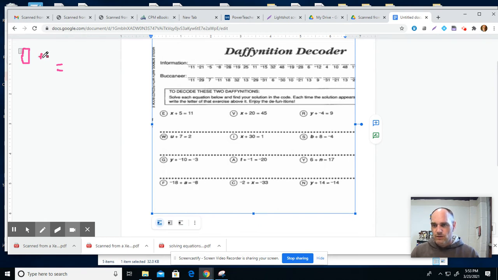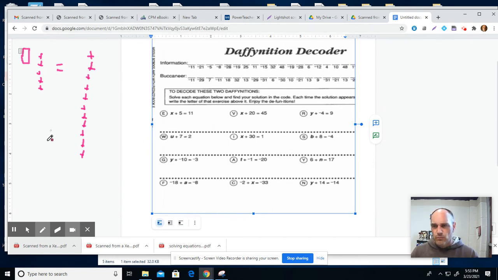Positive, positive, positive, positive, 5 of them. And then over here, I've got 5 positive 11s. So 1, 2, 3, 4, 5, 6, 7, 8, 9, 10, 11. Now, you're not going to do this for everything. I just want you to understand how we're doing it.